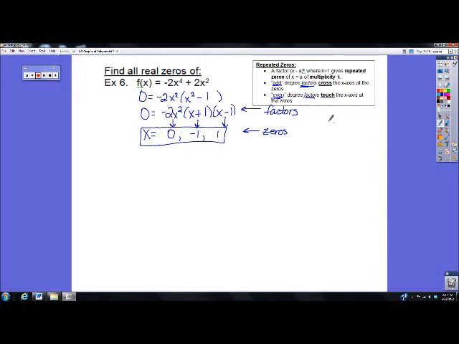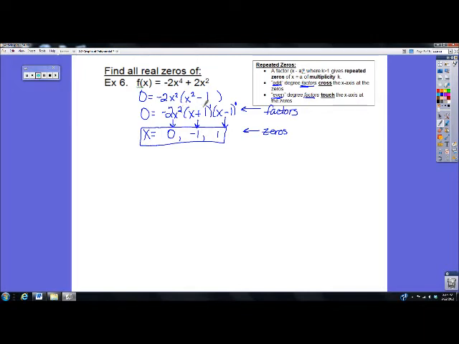Alright, let's talk about this. Odd degree factors. Well, this was x minus 1 to the invisible first power. This was x plus 1 to the invisible first power. This was negative 2x to the second power, squared.